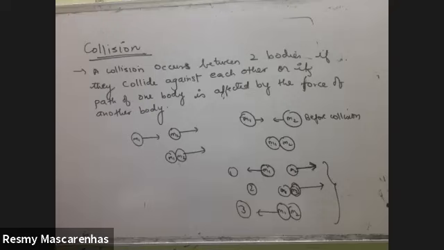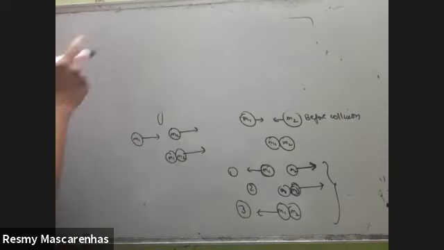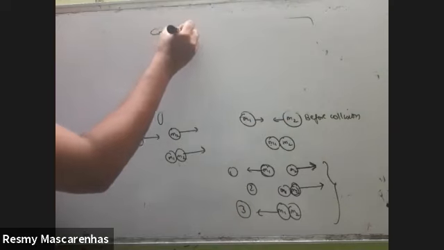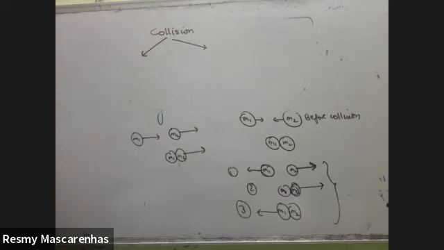Basically, there are two types of collisions. One is called an elastic collision.